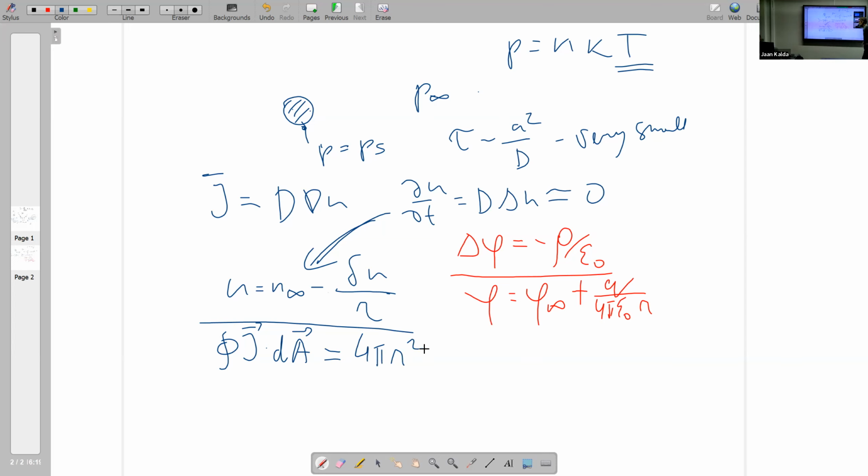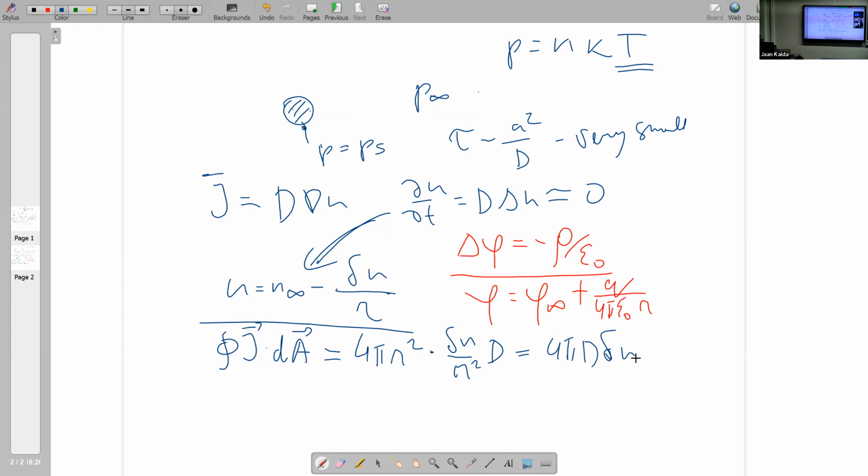We multiply this with J, and J is the gradient of this expression, delta n divided by R squared, multiplied by diffusivity D. And then we can see that R squared cancels out, as it should, because we have the same flux everywhere going towards the droplet, and we have 4 pi D delta n. So this is the particle flux on the one hand.